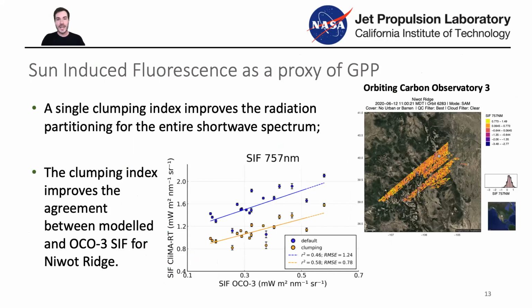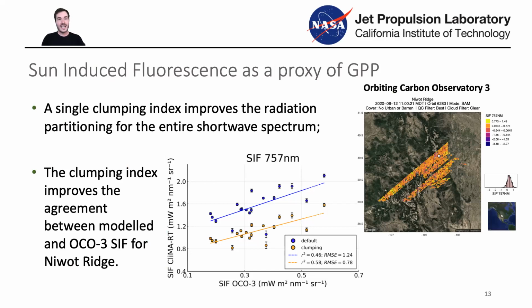So I just want to finish this talk showing you a preliminary validation exercise that we did for sun-induced fluorescence. We use SIF measured from the recently launched OCO-3 on board of the International Space Station over Nile Ridge. And we calculate SIF from this model and compare with the OCO-3 data using a version of the model with and a version of the model without clumping.